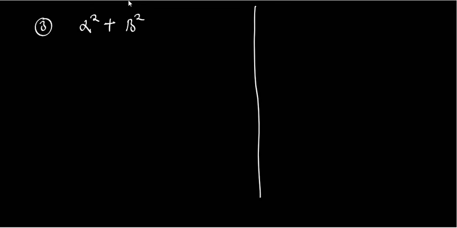We need to know where this identity was generated from. So let's first know where exactly this identity was generated from. What you need to know is that you first start with open brackets alpha plus beta, then you put a square.